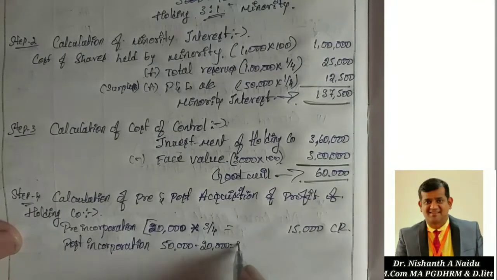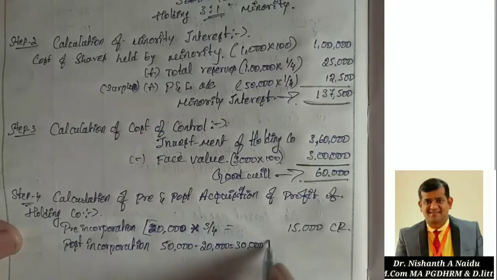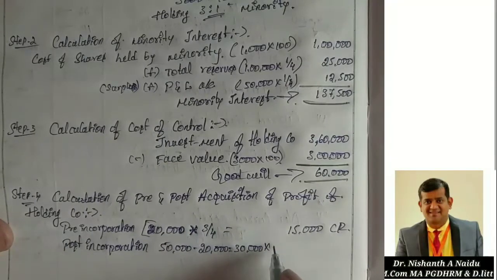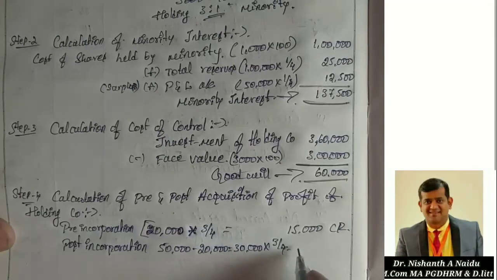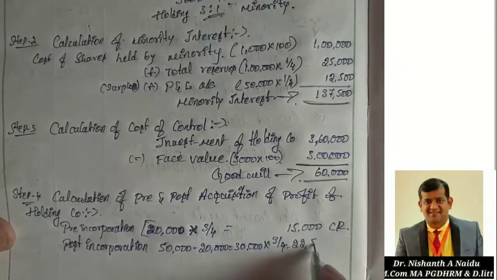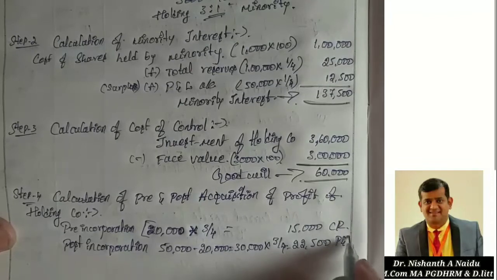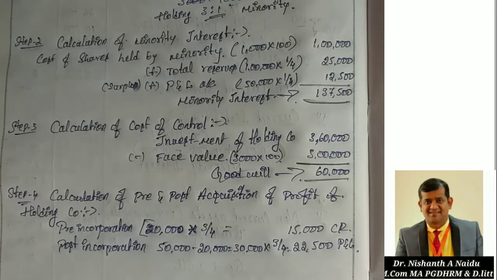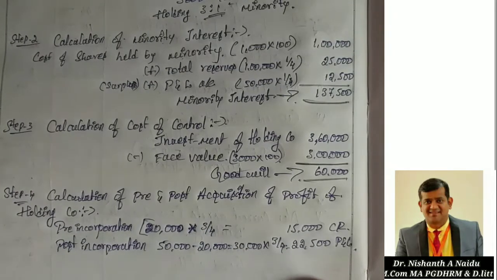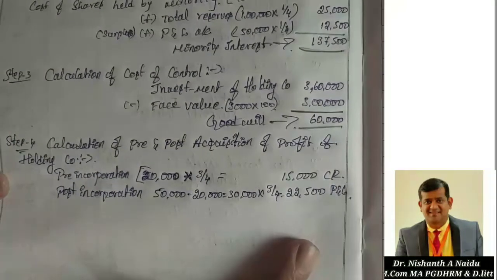So the left out you will get is 30,000 into 3 divided by 4, so that comes to 22,500. Transfer to P&L account. So 30,000 into 3 divided by 4, 22,500 P&L account. Okay.